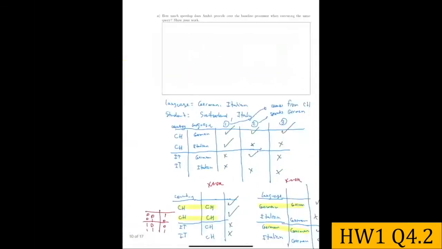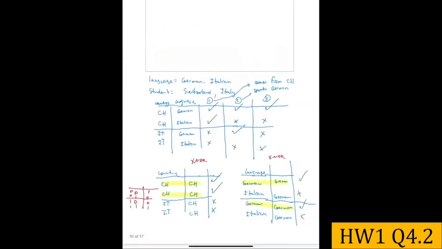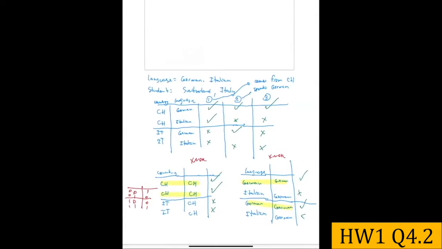So the trick in this question is that we are not trying to say that truth is equal to 1 and false is equal to 0, right?